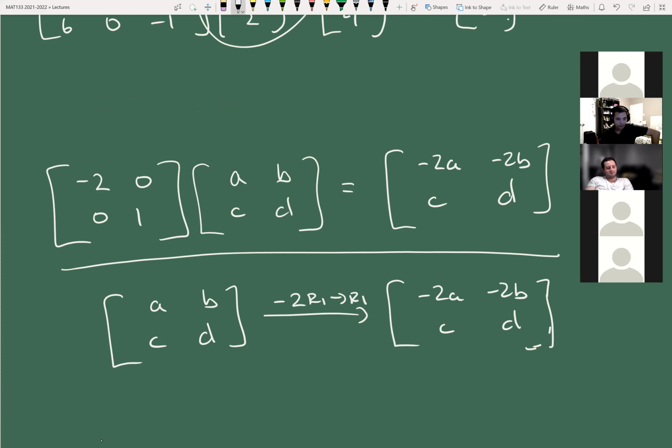So, do you see what just happened here? This matrix is U1 negative 2 for the 2 by 2 matrices. When I multiplied on the left, it performed this row operation on the matrix. So this ends up often being a critical thing. One, does this make sense?